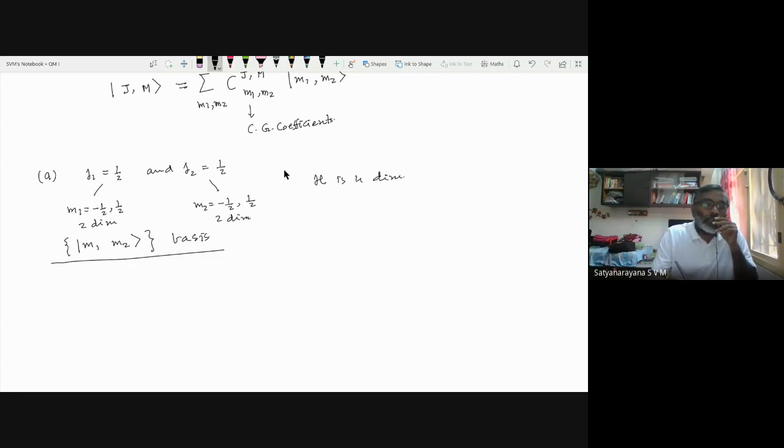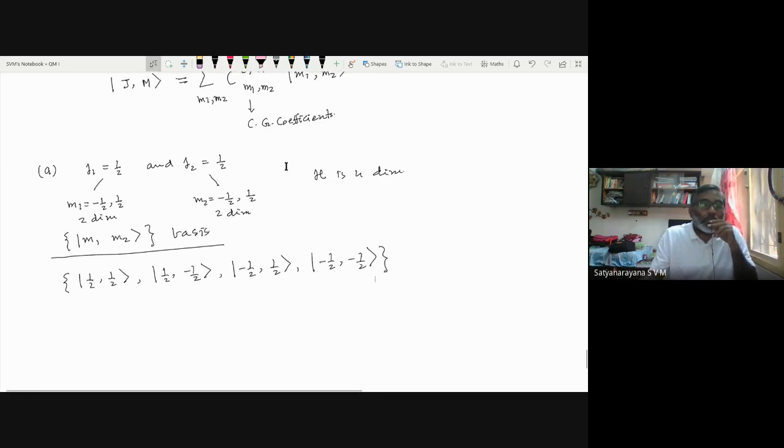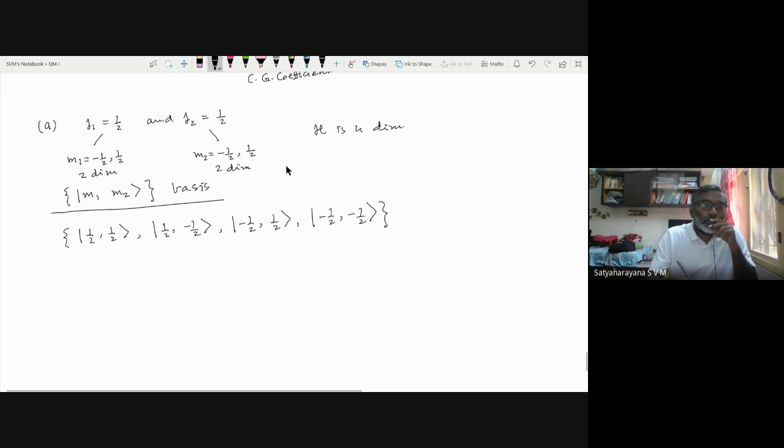So I must write 4 basis elements. They are something like this: half, half; half, minus half; minus half, half; and minus half, minus half. Okay, so that is our M1, M2 basis.